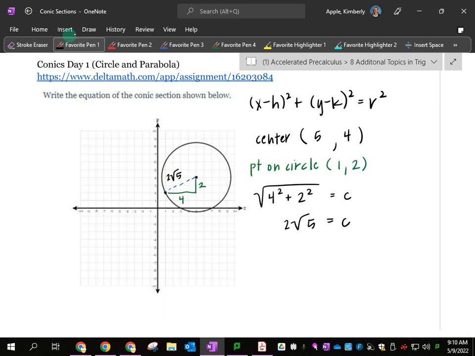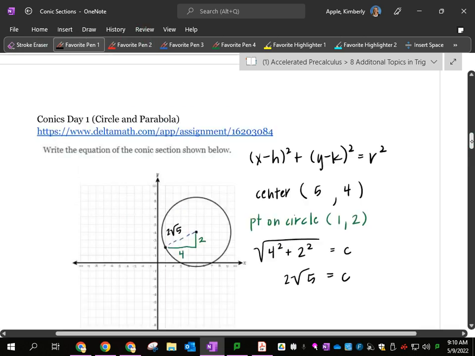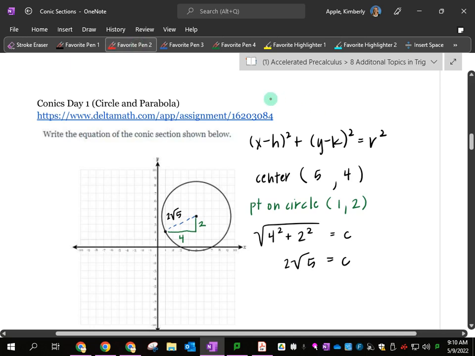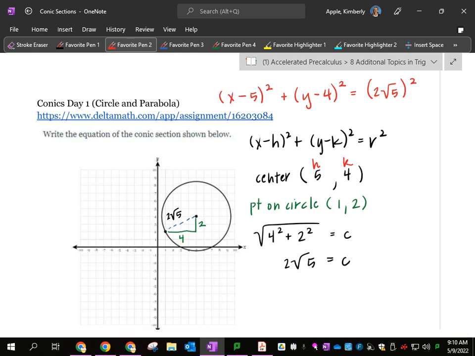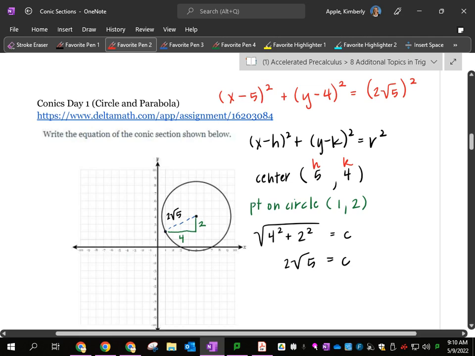So let's plug everything into this equation. This would be x minus 5 squared plus y minus 4 squared, because this is h and this is k. Just plugging those things in. And then we're going to have this radius squared. I don't know what that is yet. I think it's like, what, 20? 2 square roots of 5, let's just be sure.